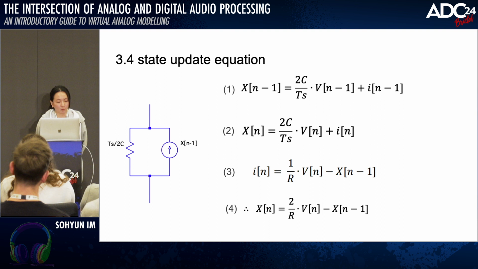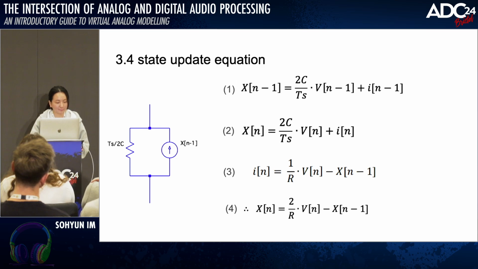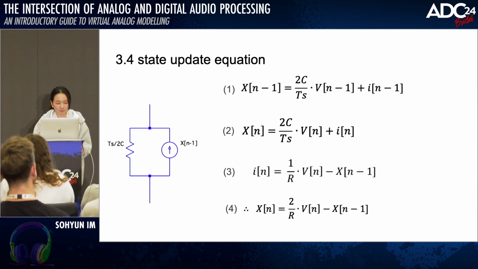And equation 3 is what we've already obtained here in equation 2. We can go back to equation 2. There's the I of n term at the end, and we can substitute it with equation 3. Then we can calculate and obtain the state update equation for x of n.